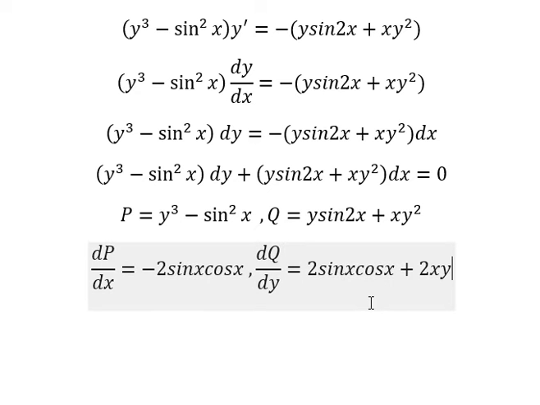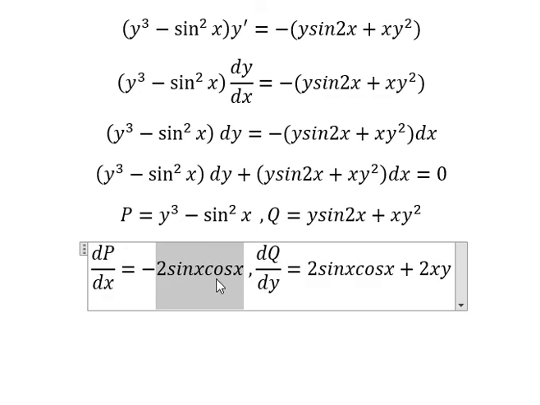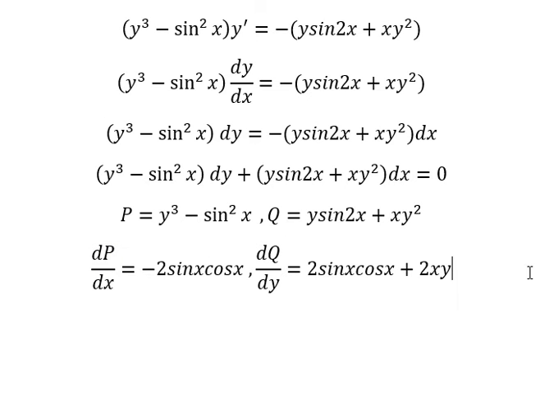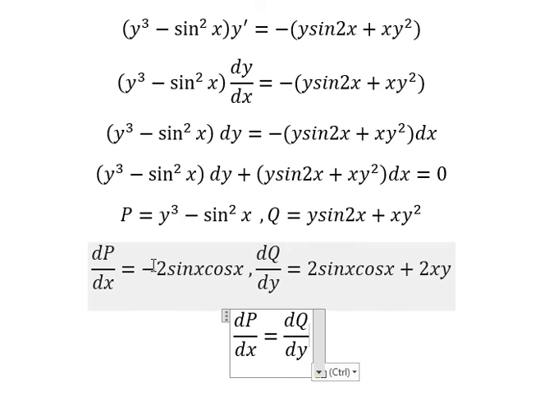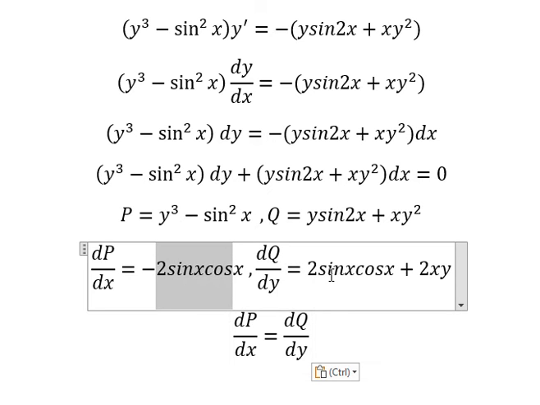So if we look carefully at this one, if I put this one to the right, because we want this one equals to this one, that's why we can put this one to the right in here, and we have 4 sine x cosine x.